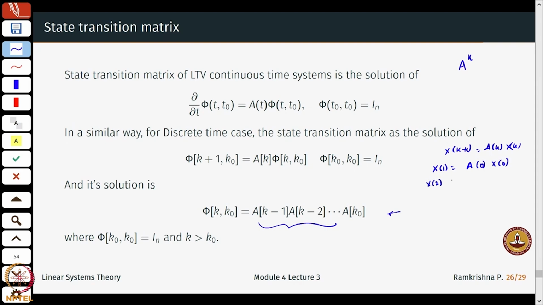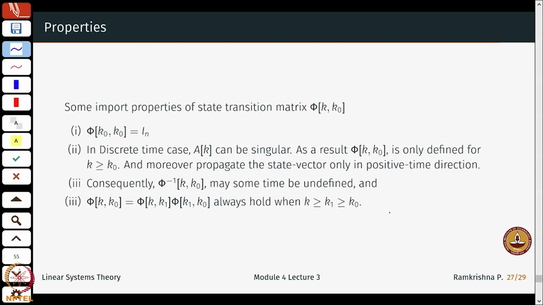Similarly, x of 2 is A of 1 x of 1. What is x of 1? It is A of 0 x of 0. So, this will be A of 1 times A of 0 times x of 0, and so on, right. So, that is a little easier to verify than in the continuous time case.